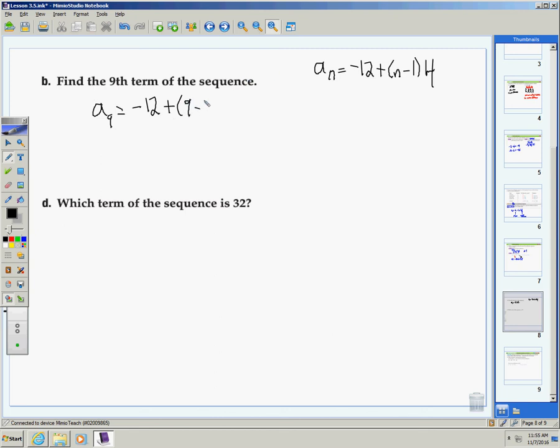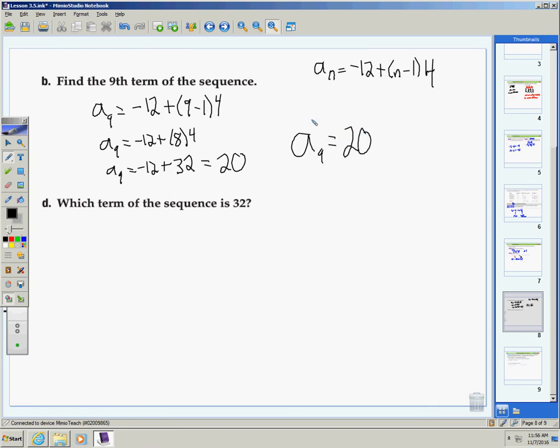So a sub 9 equals negative 12 plus 9 minus 1 is 8 times 4. A sub 9 equals negative 12 plus 8 times 4 is 32, which negative 12 plus 32 is 20. So what is the 9th term in this sequence? Oh, it would just be 20. And you could have done that by just counting plus 4, plus 4, plus 4, plus 4, plus 4. But if we just use our equation, we can do it a lot faster.